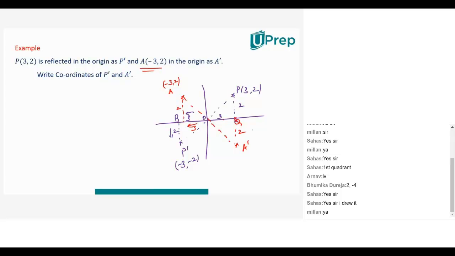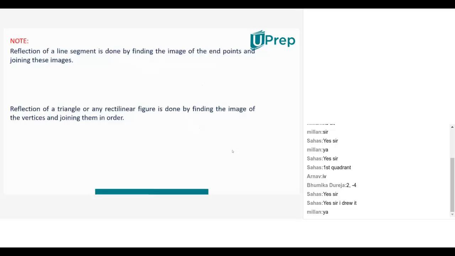Now this point is -3, 2, and this height is 2. When I drop a perpendicular from here, again this height should be 3 and this should be 2. So it should be 2 in the decreasing direction, negative y-axis, but x is now in the positive direction, which is increasing. So it is 3, -2. Abscissa also changes the sign. Ordinate also changes the sign.